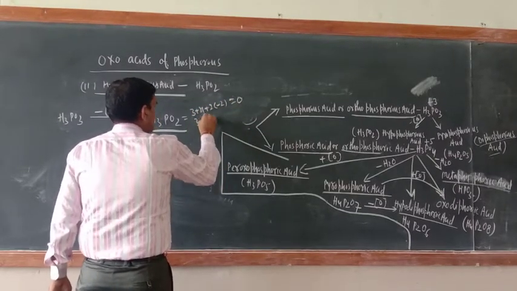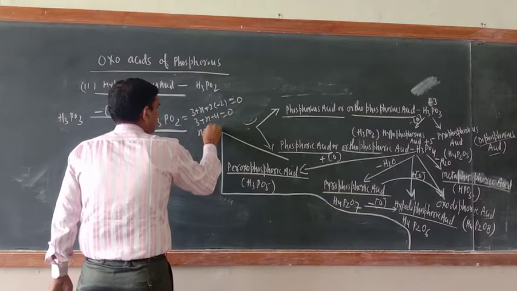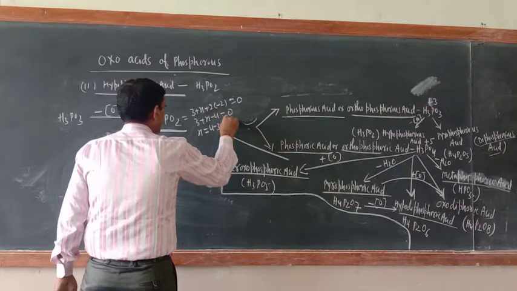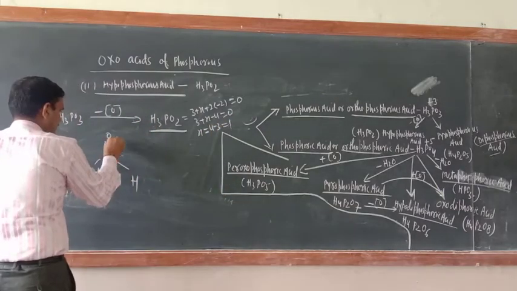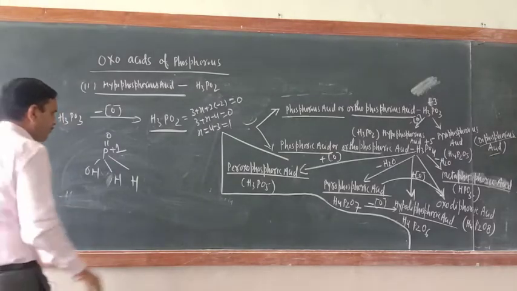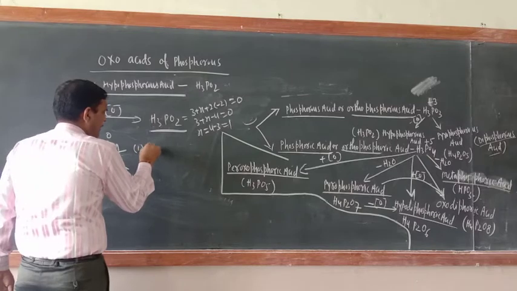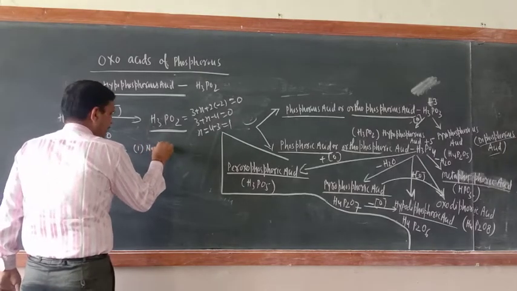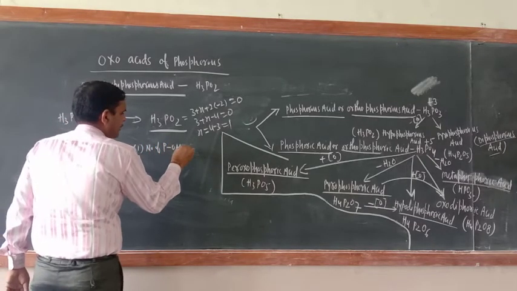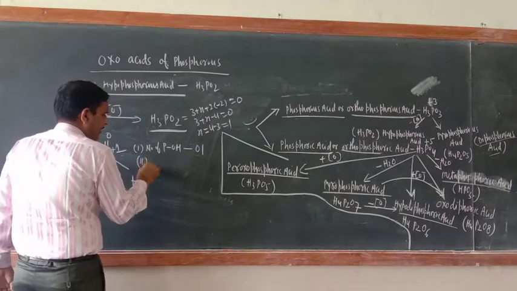So 3 plus X minus 4 equals 0, so X equals 4 minus 3, which is 1. So the oxidation state is plus 1. What is the other speciality? The number of P-H bonds. How many are there? 1. So if 1 is there, then what is there?